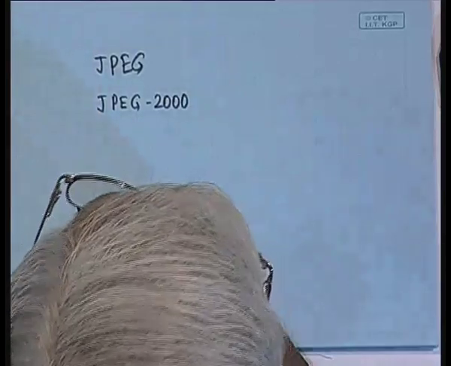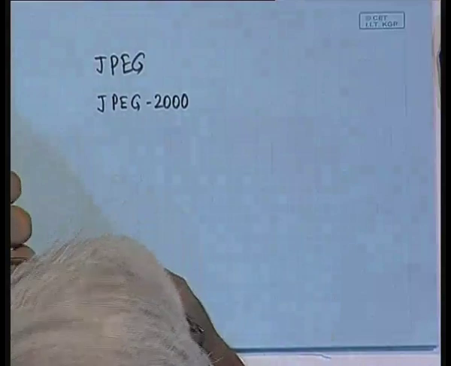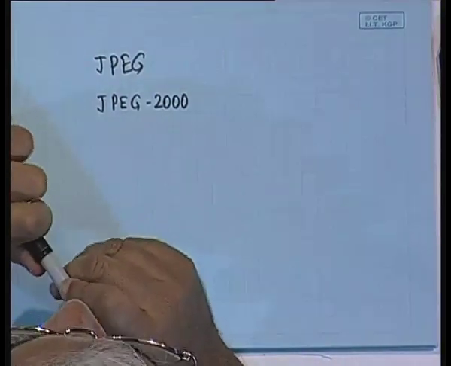2000. As the name implies, the work for JPEG 2000 began with an objective that it should be completed by the year 2000, to formulate the next generation of standard for still image compression. There was some delay, so I think that by the end of 2000 or beginning of 2001, the standard was proposed.